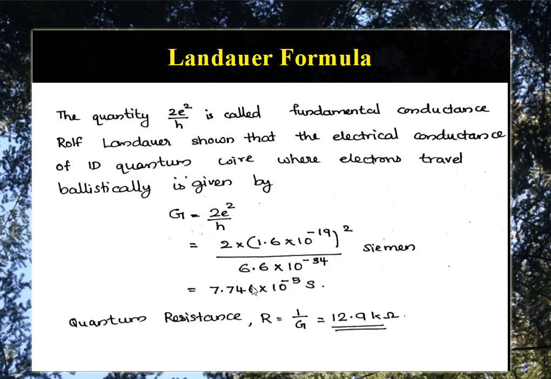We can also substitute the charge of the electron, 1.6 into 10 raised to minus 19, and Planck's constant, and you get around 7.746 into 10 raised to minus 5 Siemens. So 1 by conductance is equal to resistance, the quantum resistance R, which is 12.9 kilo ohm.